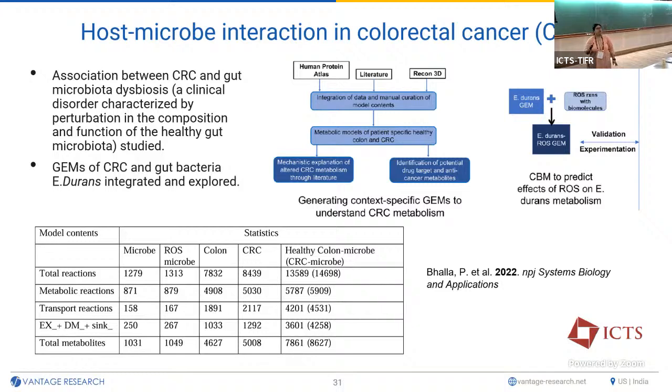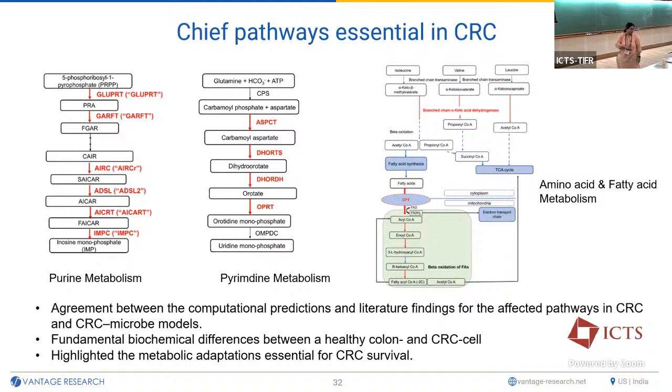So this is proteomics; that was retinoblastoma transcriptomics, this is a proteomics study. We also incorporated a bit of metabolomics data when it was available, then integrated everything onto Recon 3D, derived our specific cell types, and wanted to understand how the metabolism in CRC is different from that of the normal cell type. And again, quickly I'll finish it off.